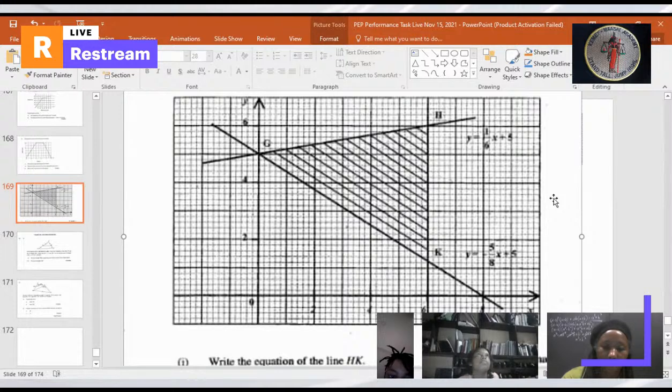Basically, y equals 6x. Okay, let me think.